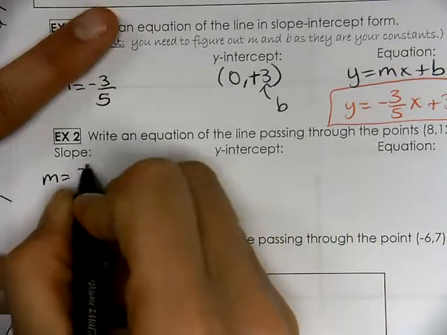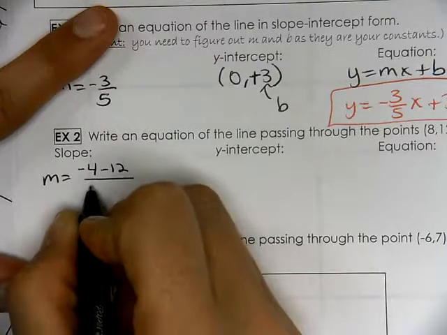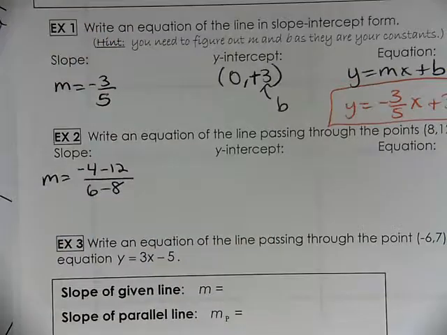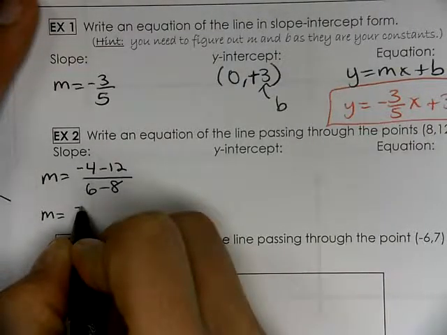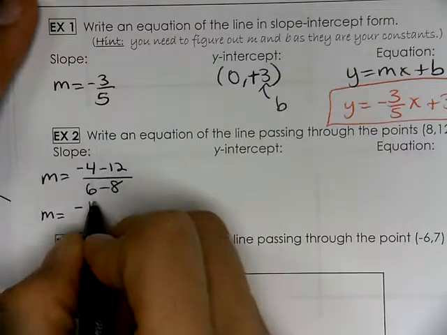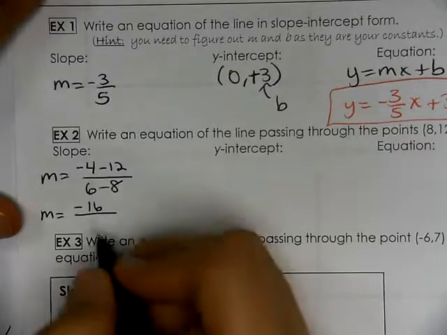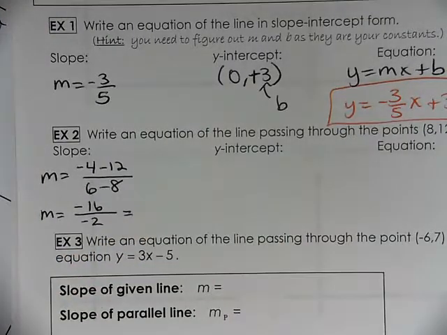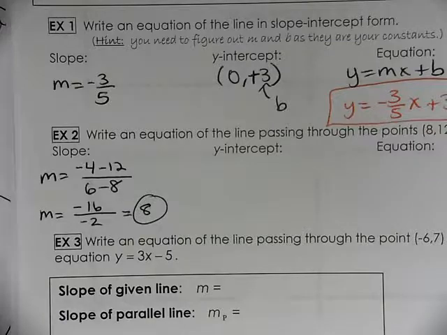So the slope is negative 4 minus 12 over 6 minus 8. What does negative 4 minus 12 turn into? Negative 16. 6 minus 8 is negative 2. What does that divide into? 8, good. So that's our slope.